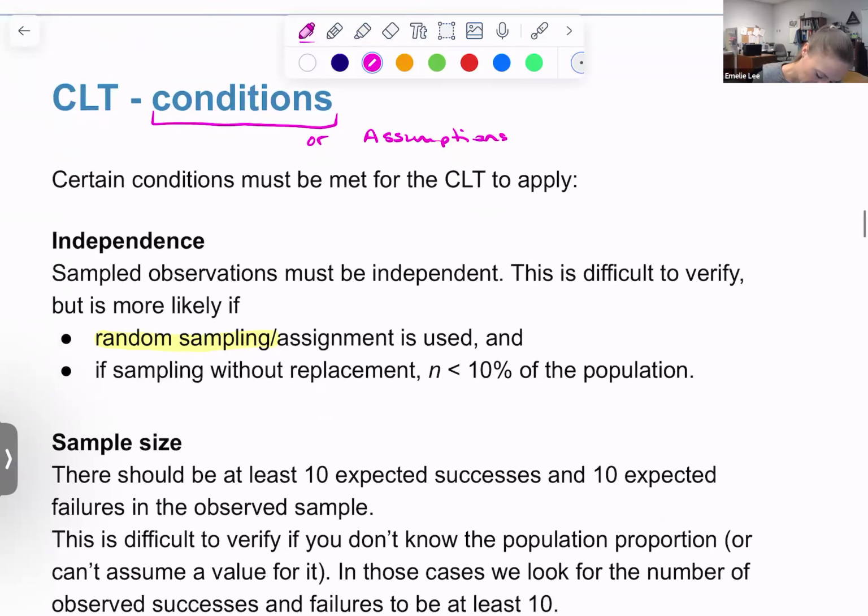And so if we have random sampling or we assume the sample was randomly selected. As in any research, what do you have to do? If you assume something, you have to state it, right? So you have to state your assumptions.